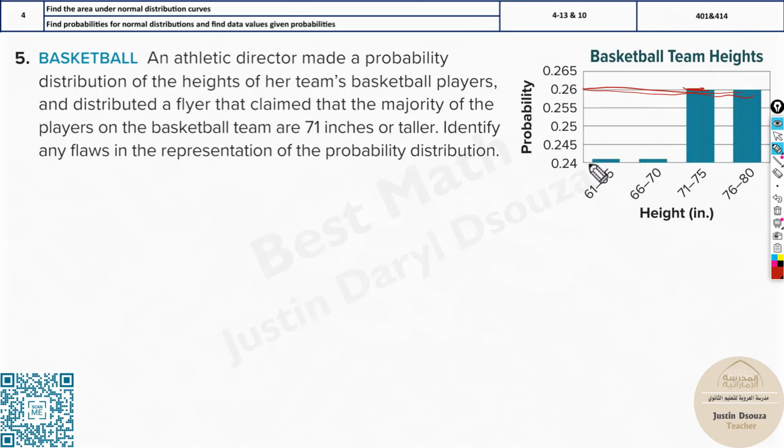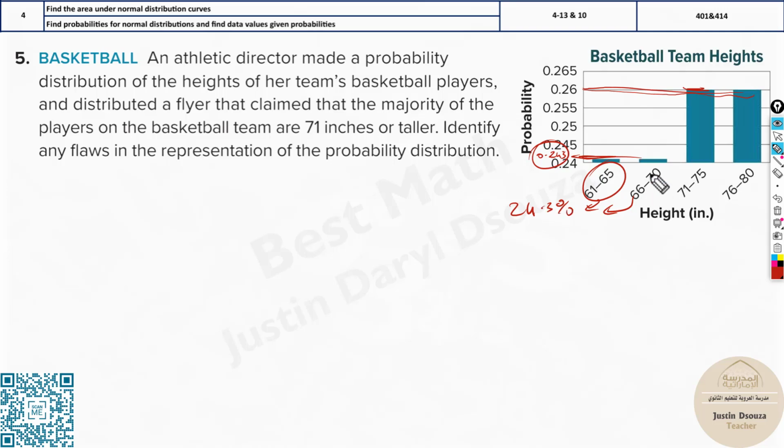But in fact, if you see the next ones, 61 to 65, 66 to 70, what are those probabilities? It's more than 0.24, it can be 0.243 or something. What does this mean? 24.3% are 61 to 65.